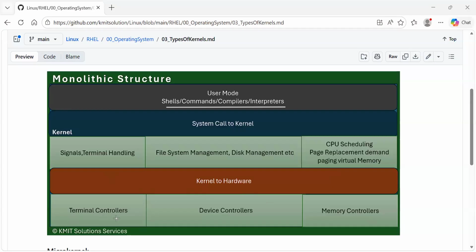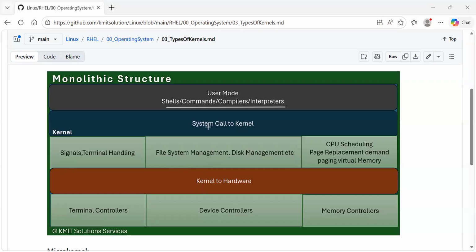So it connects to the terminal controllers, device controller, memory controllers, etc. All this work, which is basically work related to the kernel, is in a monolithic structure. So the file system is defined or managed by the kernel. Anything which needs hardware attention goes to the kernel.